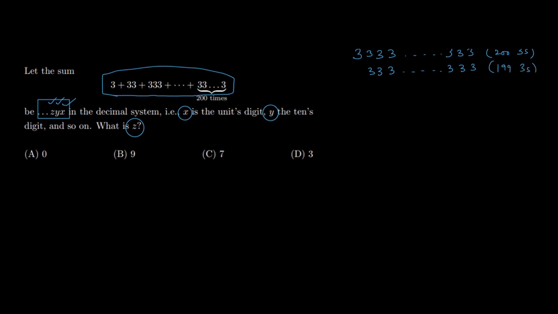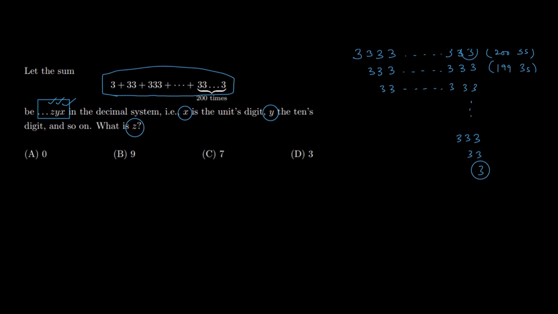And so on. So the next one would be 198 threes, and so on. And the last 3 terms would be 333, 33 and 3. So I have 200 threes here, and this is the 203, and this is just 3.